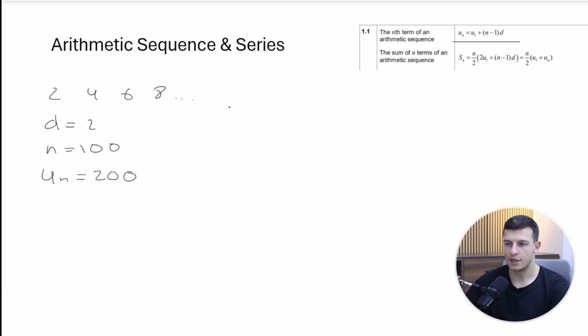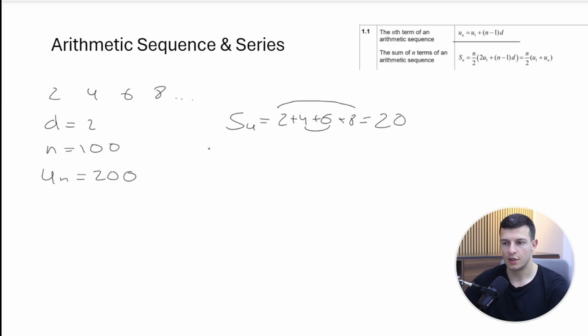Meaning, for example, let's simplify this a little bit. If I'm looking at S_4, meaning the sum of the first 4 terms, that's going to be 2 plus 4 plus 6 plus 8, which I believe is, so this is 10, this is 10, so this is going to be 20.